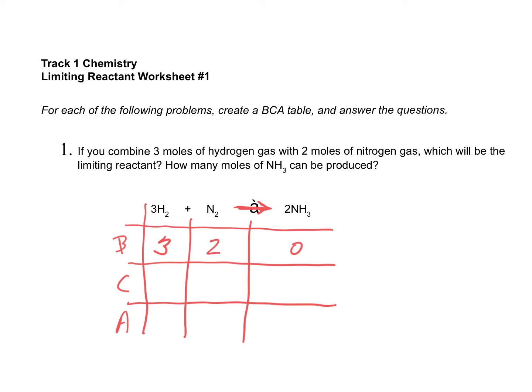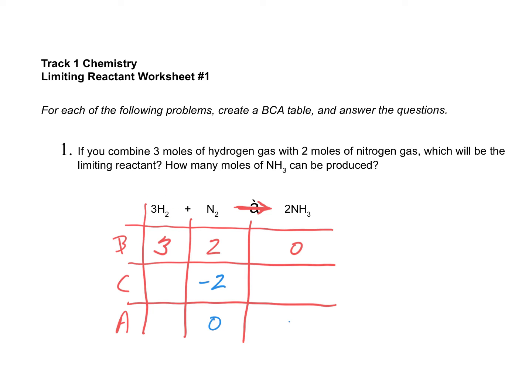So here, let's try this. I'm going to do this in a different color. Okay, so let's try this. I'm going to use up, let's see if nitrogen is our limiting reactant. If I use up all the nitrogen, then I would end up with 0. Now, take a look at the mole ratio. For every 1 nitrogen, I need 3 hydrogens.